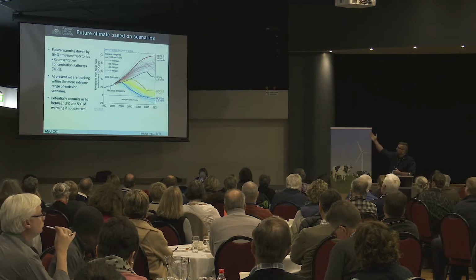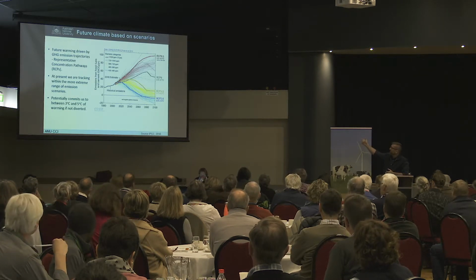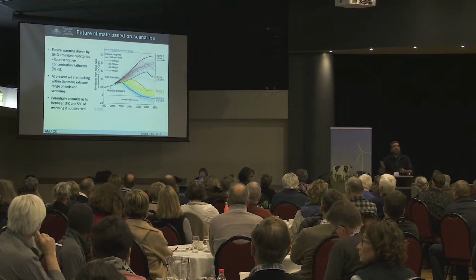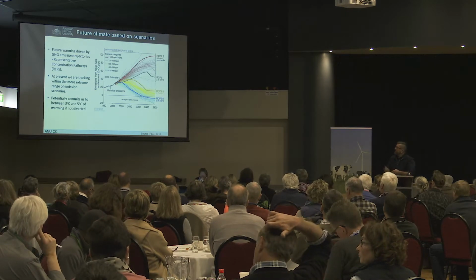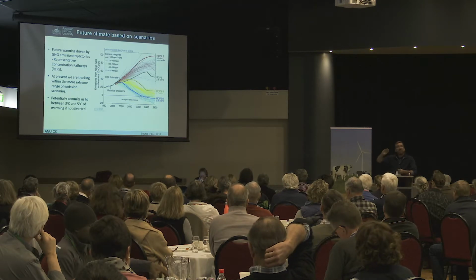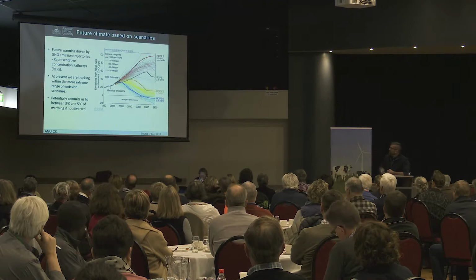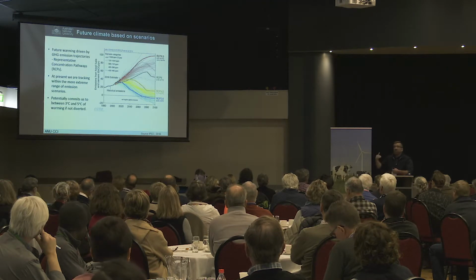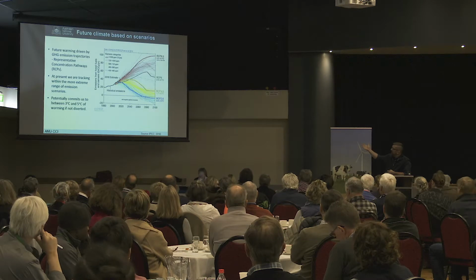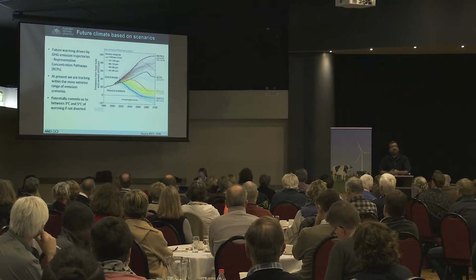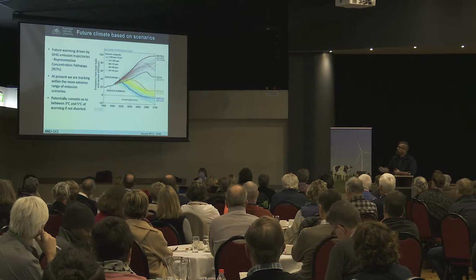And you can see here that there are 1, 2, 3, 4 main emission scenarios or representative concentration pathways. And depending on which one you follow, you can see at 2100, you could be anywhere from 0.9 or 1 degree warmer right through to 5.5 degrees warmer if we follow that RCP 8.5 or business as usual, as Lynette said.